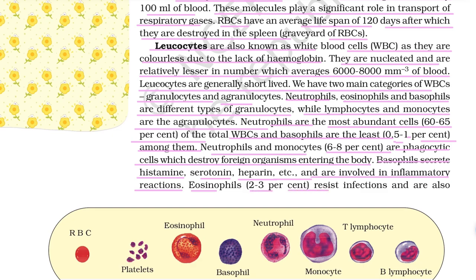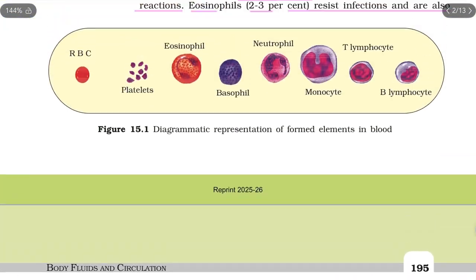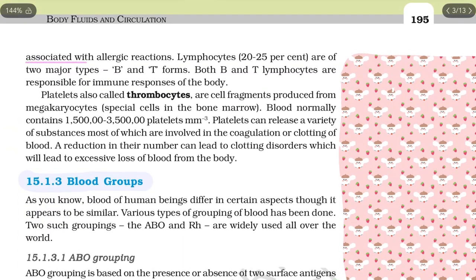Eosinophils, 2 to 3%, resist infections and are also associated with allergic reactions. Lymphocytes, 20 to 25%, are of two major types, B and T forms. Both B and T lymphocytes are responsible for immune responses of the body. Platelets are also called thrombocytes, cell fragments produced from megakaryocytes, special cells in bone marrow.